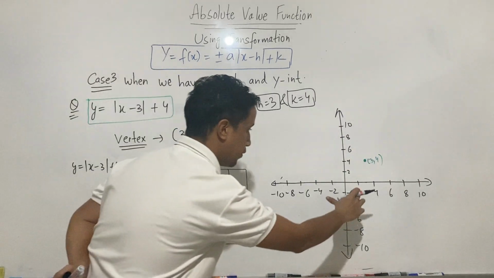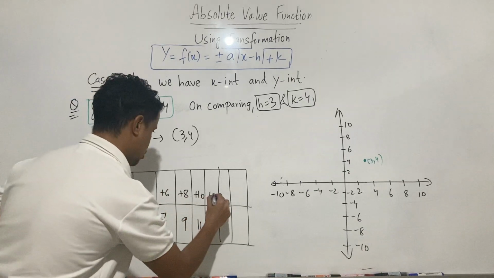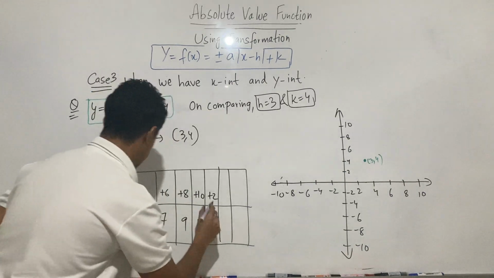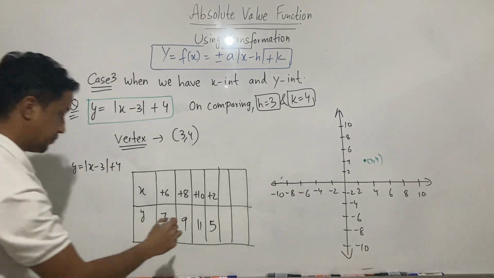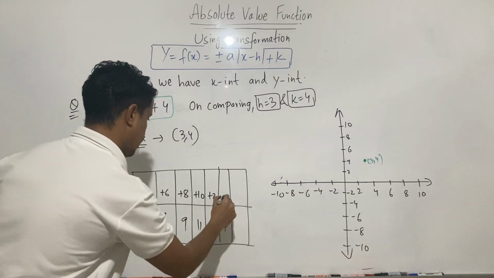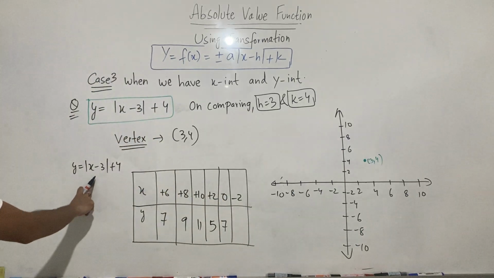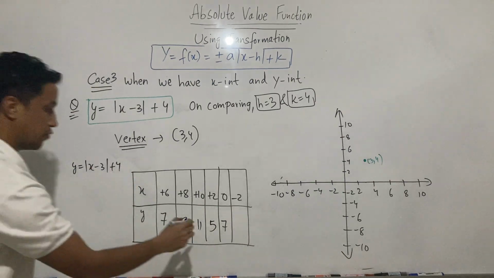Then check for x equals 2: 2 minus 3 is minus 1, absolute value 1, 1 plus 4 is 5. For x equals 0, y is 7. Then for x equals minus 2: minus 2 minus 3 is minus 5, absolute value 5, 5 plus 4 is 9.